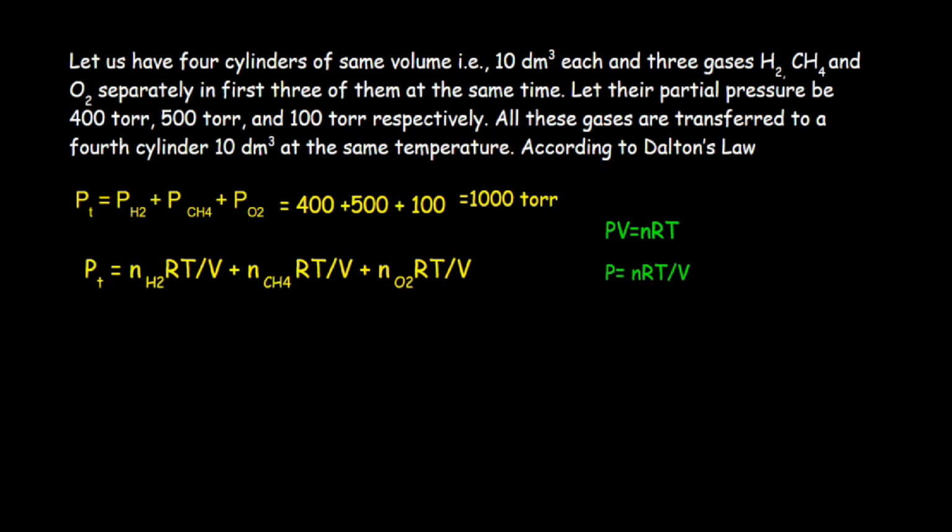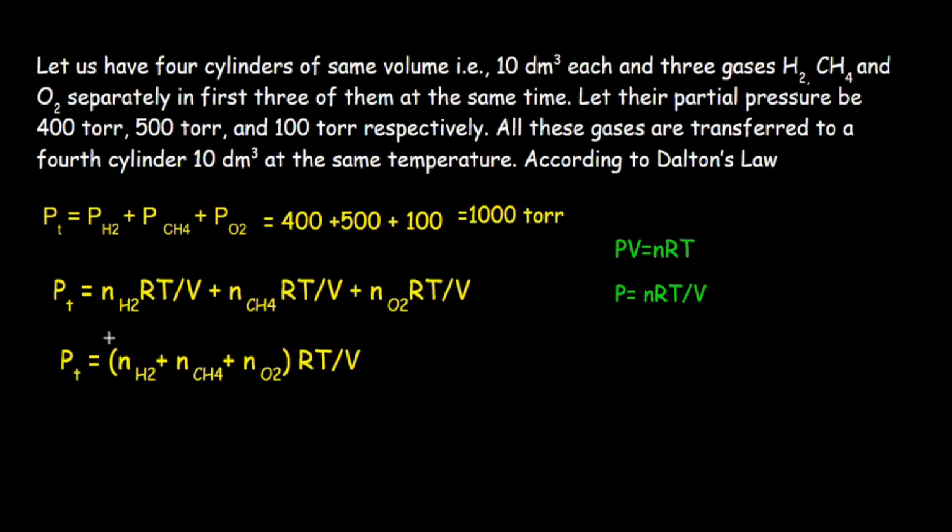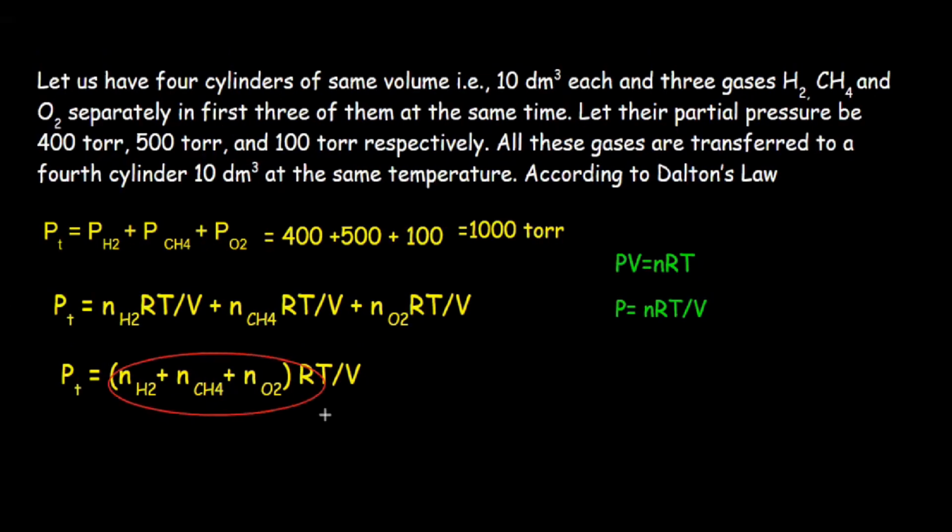Now separating the variables and constant terms, we get (n hydrogen plus n methane plus n oxygen) times RT divided by V. From this equation, nH2 plus nCH4 plus nO2 clearly shows the total number of moles involved in the system. So this can be replaced by nT, the total number of moles in the system.